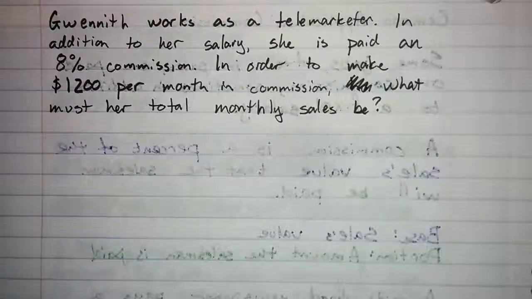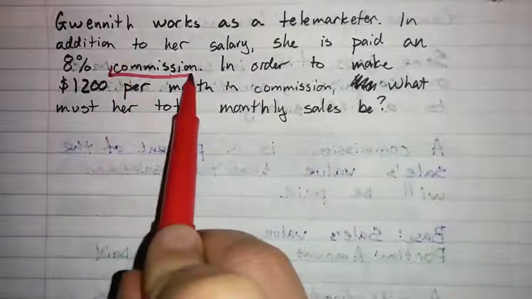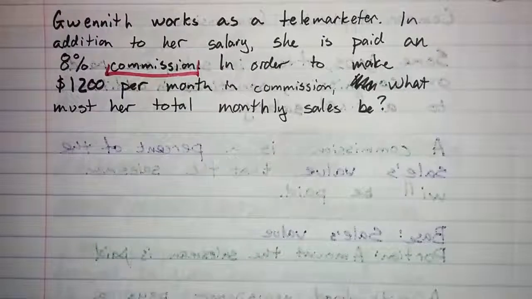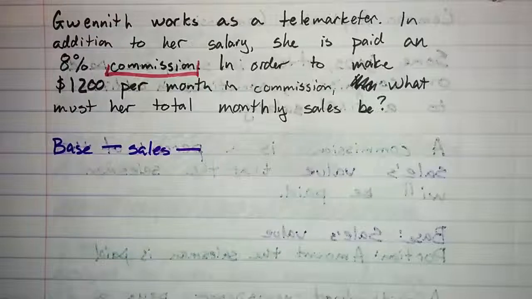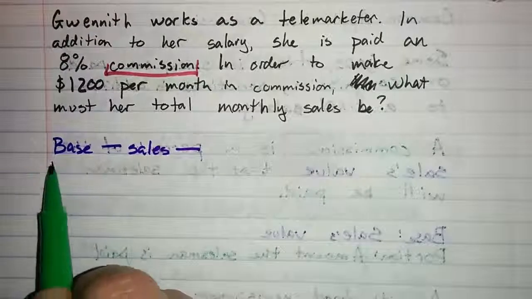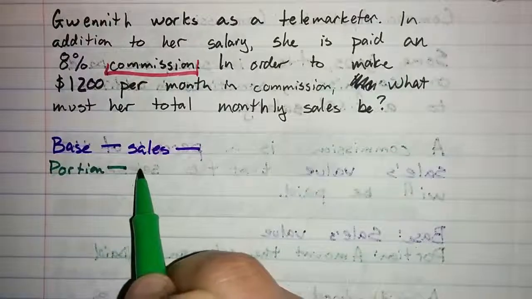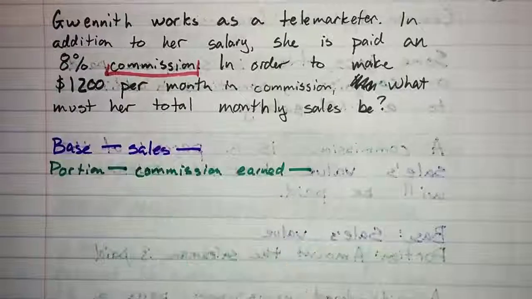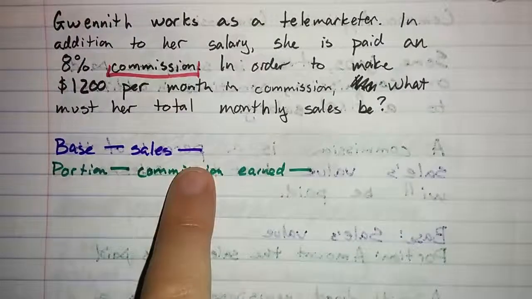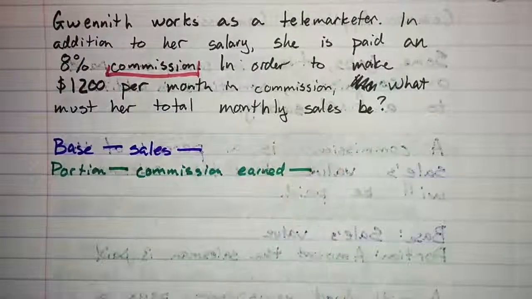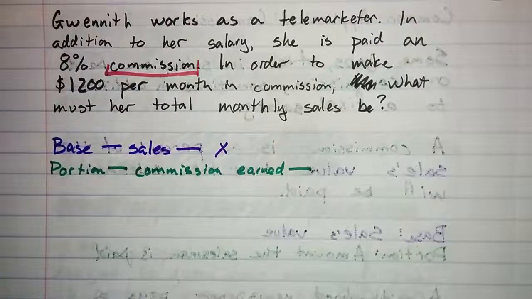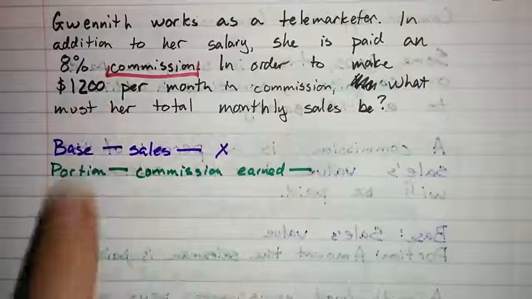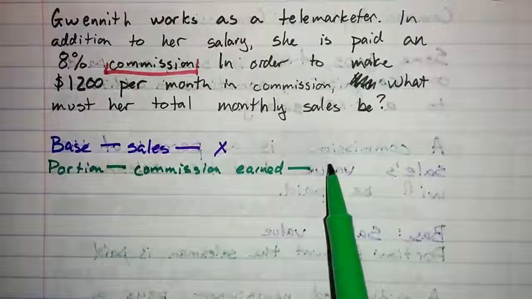Well, remember that when we were told that this 8% was a commission, that told us that the base was her total sales, and the portion is the commission that she earns. In this problem, her total sales are what we want to know, and the commission that she wants to earn is $1,200.